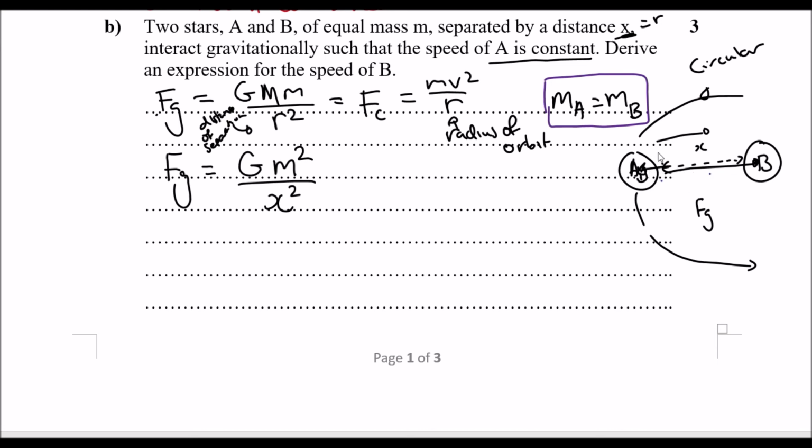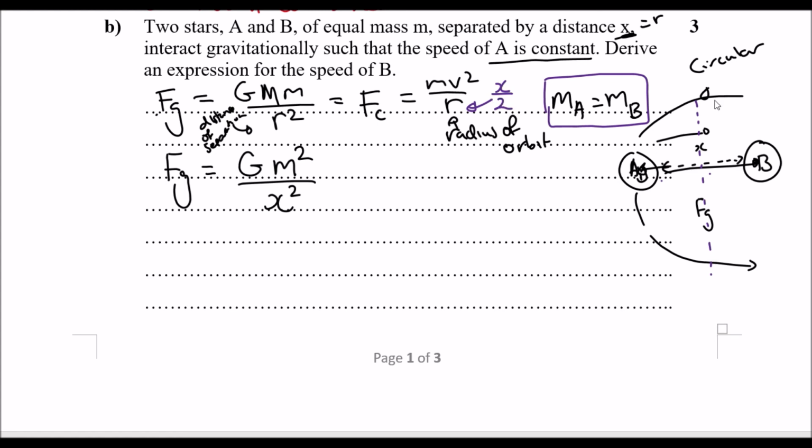So A is not going to be orbiting closer to B, and B is not going to orbit closer to A. They're just going to meet halfway in their orbits. A is going to be pulled an equal amount by B. So if they meet halfway, and we know that the distance they're separated by is x, then their radius of orbit would be x divided by 2.